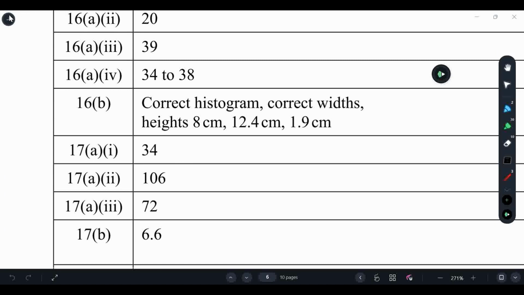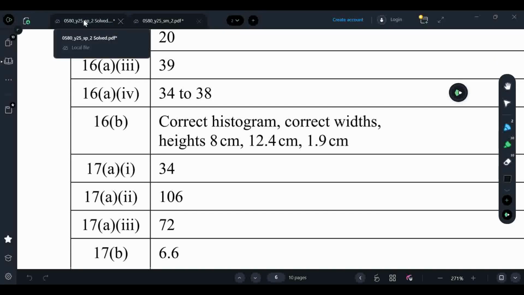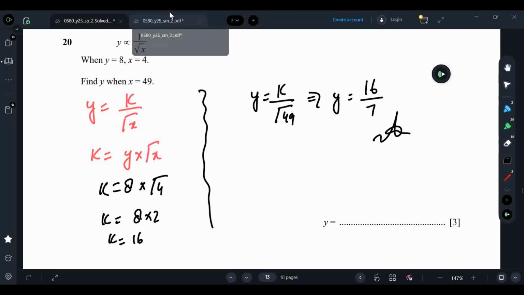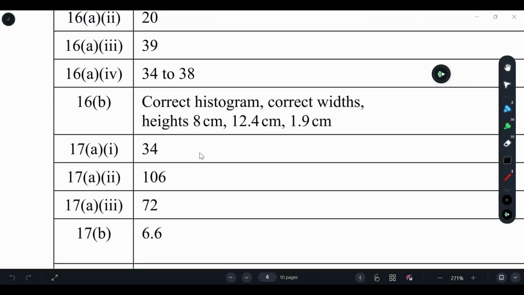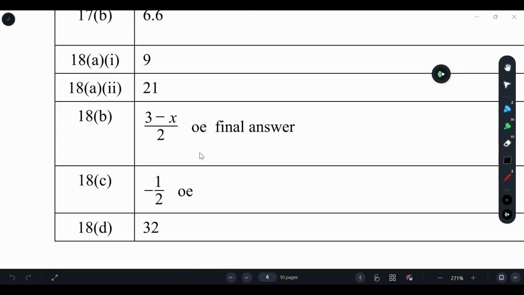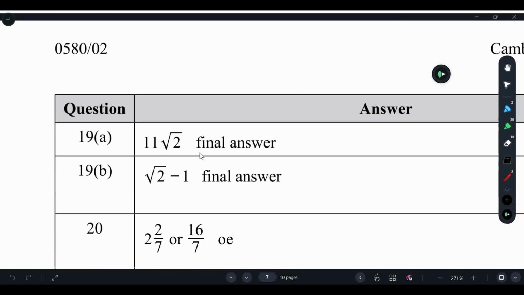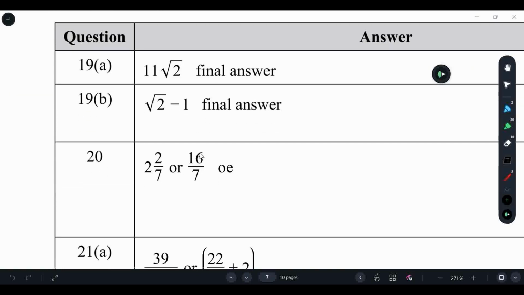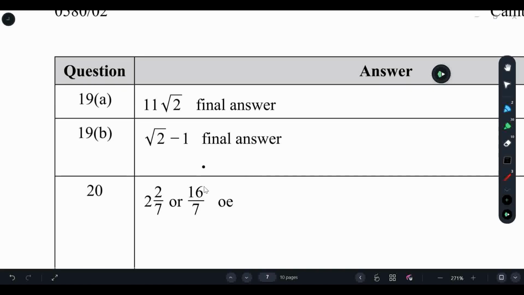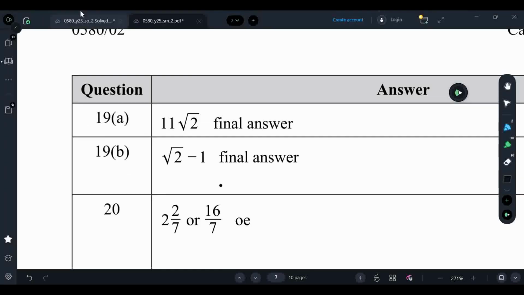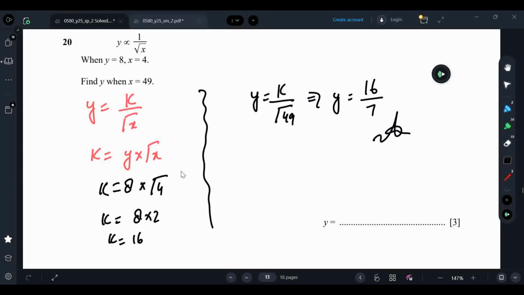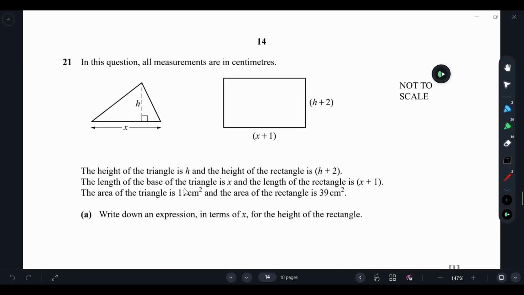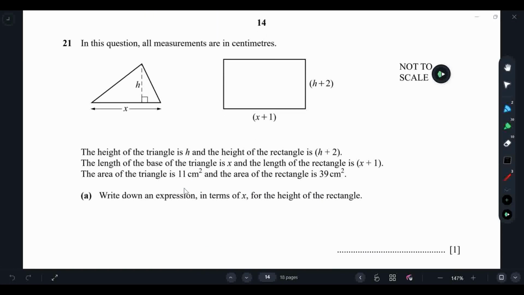We have seen it in the previous one, and then you can verify the previous answers. Okay, for question number 20, the answer is 16 by 7. I hope that the concept is clear. Let's move to the next question, question number 21.